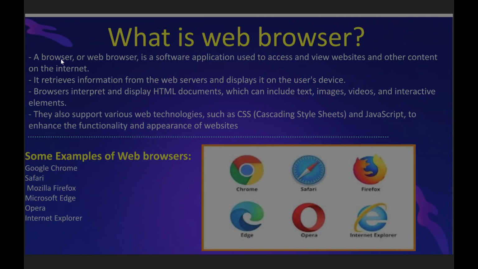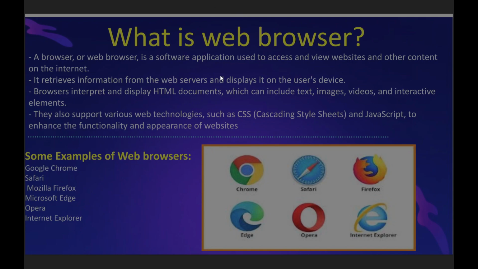A browser or web browser is a software application which is used to access and view websites and other content on the internet. Yes, of course, a web browser is a software application. So let me tell you what a software application is. It is also known as application software, and it is software designed to perform a specific task. That means only one task. Okay, there is software which can be used for multiple purposes, but a web browser is application software.